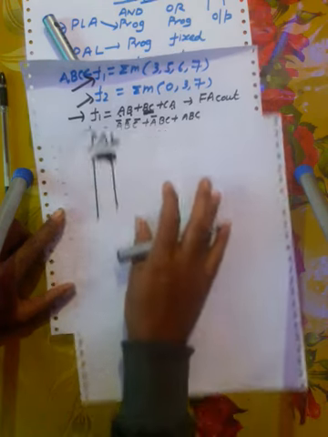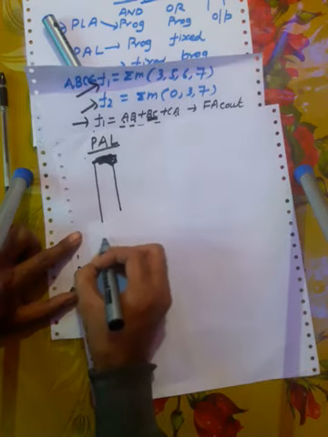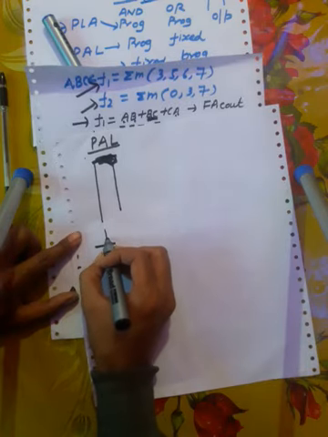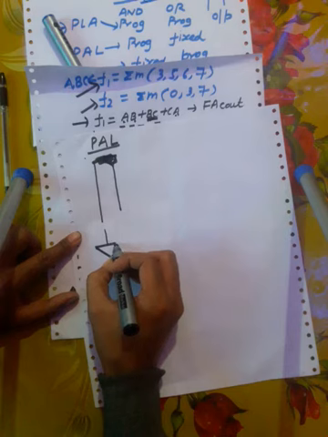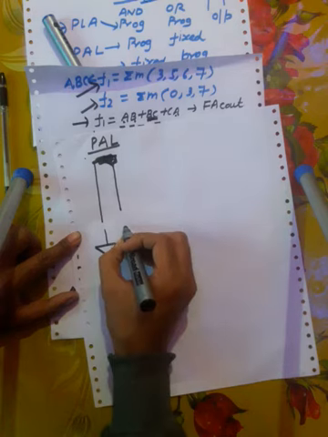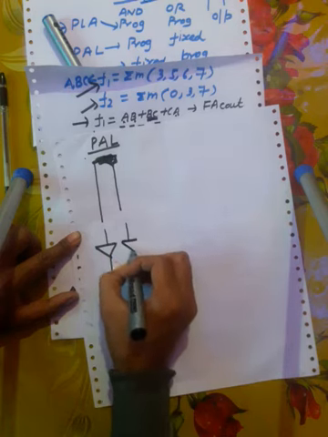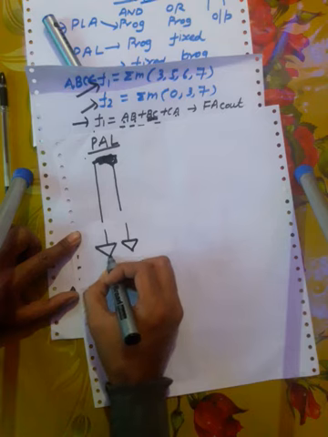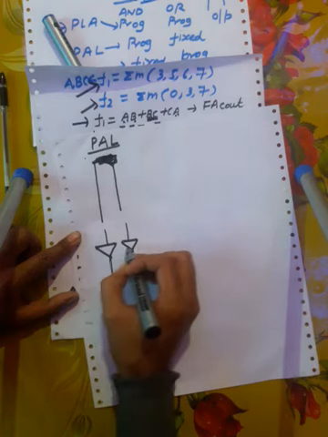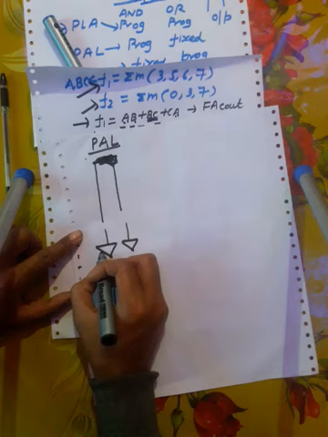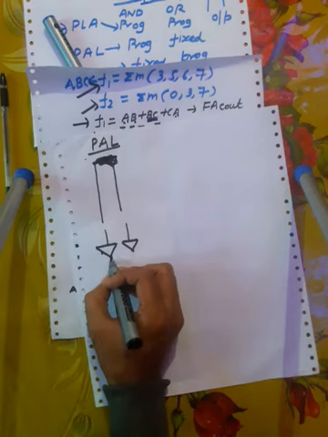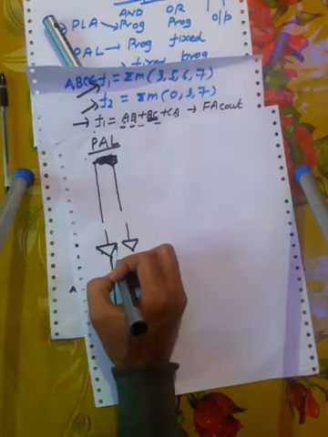From here A, B. You can also take from here, or you can take here and just make a bubble from here.